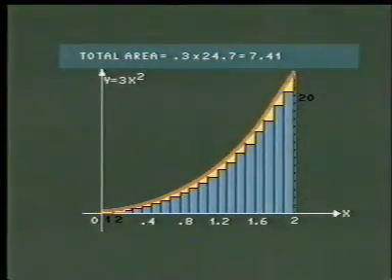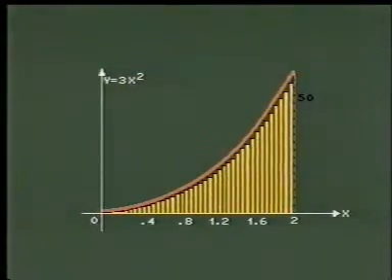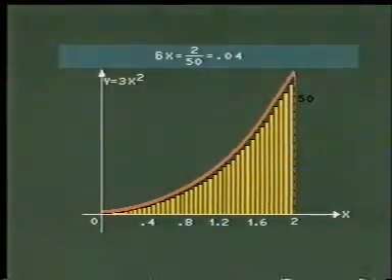If total area is divided into 50 strips, then delta x is equal to 2 over 50, which is equal to 0.04.